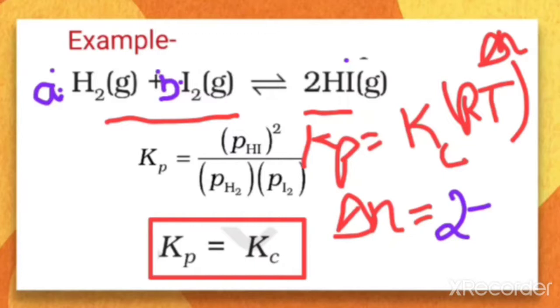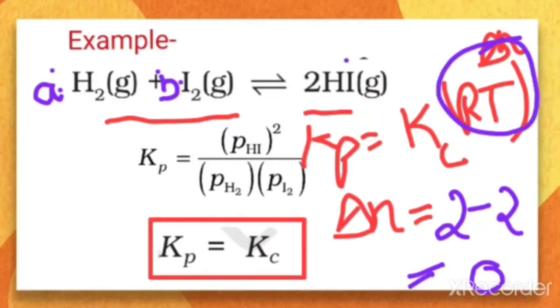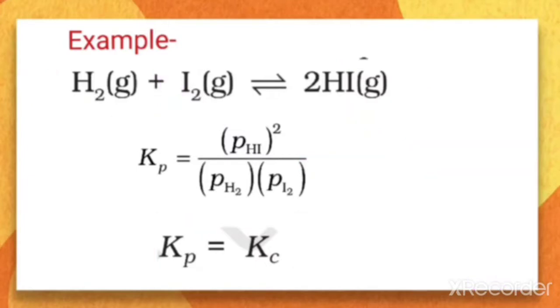So 1 plus 1, 2. So the number of moles on the product side and the reactant side are same. So delta n is equal to 0. Delta n equal to 0 means this term will not be there. So in that case, Kp will be equal to Kc. So that's why we got here Kp is equal to Kc.